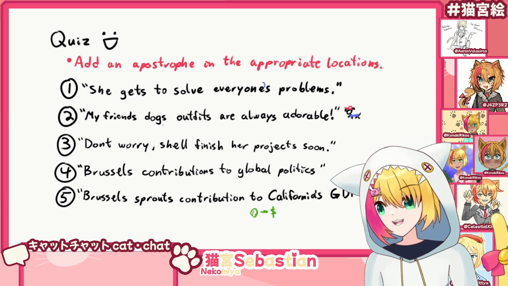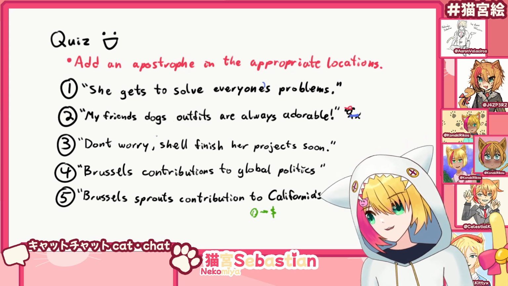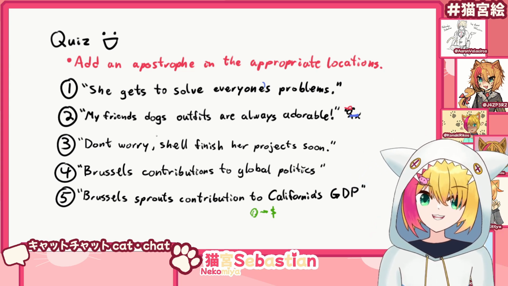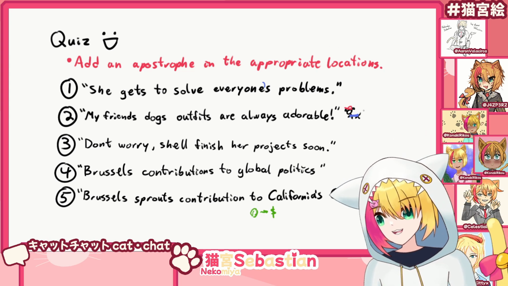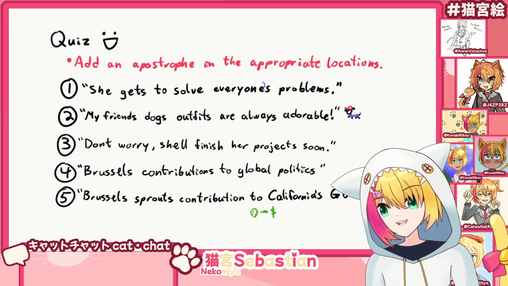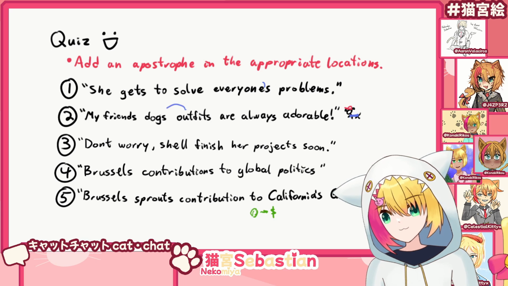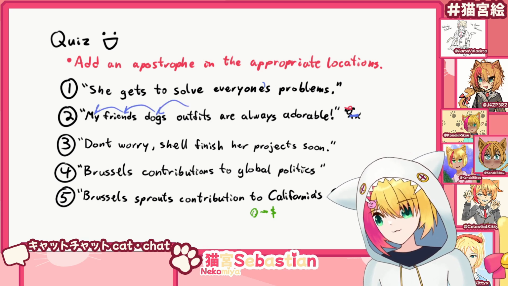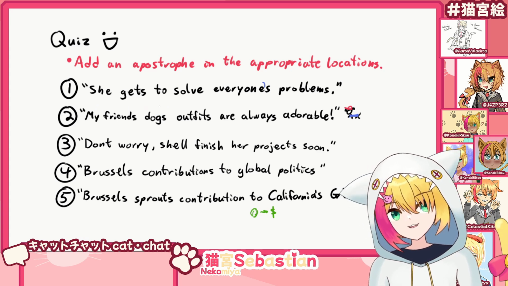Okay. "My friend's dog's outfits are always adorable." So this is a pretty tricky one, intentionally so. You could have guessed from the picture that there's one dog, many outfits, and one friend. So you could say the outfits belong to the dog, and the dog belongs to the friend, and the friend belongs to me. Of course, there's no S in "my," so we don't need to worry about it.